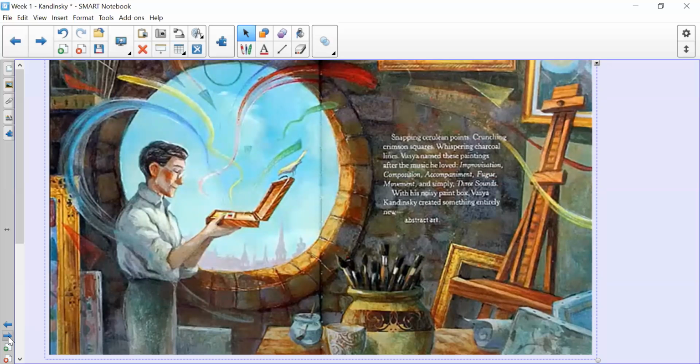Snapping cerulean paints, crunching crimson squares, whispering charcoal lines, Vasia named these paintings after the music he loved. Improvisation, composition, accompaniment, fugue, movement, and simply 3 sounds. With his noisy paint box, Vasia Kandinsky created something entirely new, abstract art.